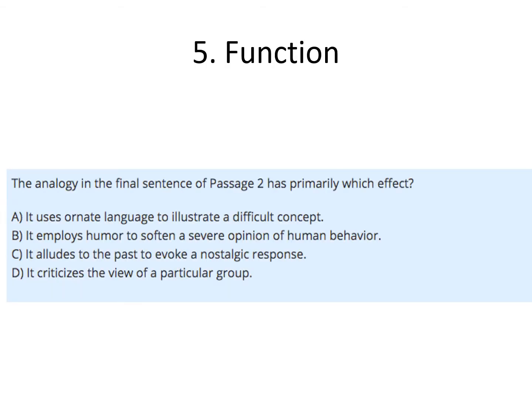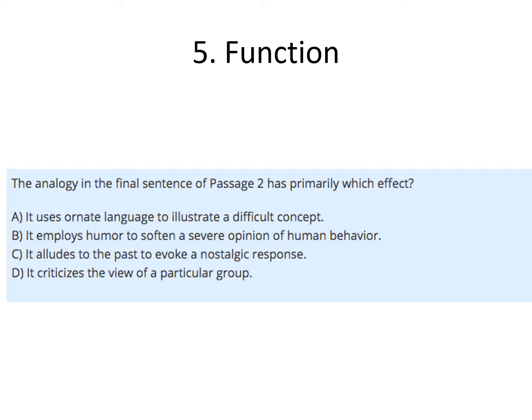The next type of question, number 5, is function. Oftentimes this could be the use of a literary term or device or a rhetorical term or device. For instance, in this question, you can see the analogy, the comparison, in the final sentence of passage 2 has primarily which effect.